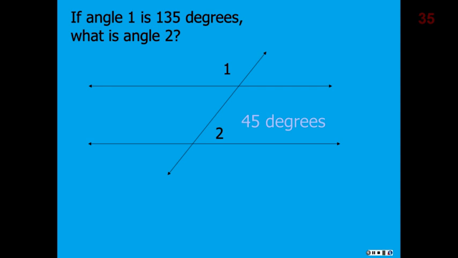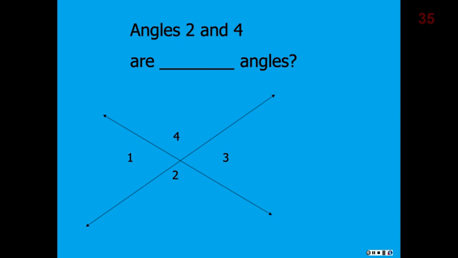You're going too fast. Okay, angles 2 and 4 are what kind of angles? 2 and 4. What kind? Say that, I can't hear you. Well, you can say they're congruent, but why are they congruent?